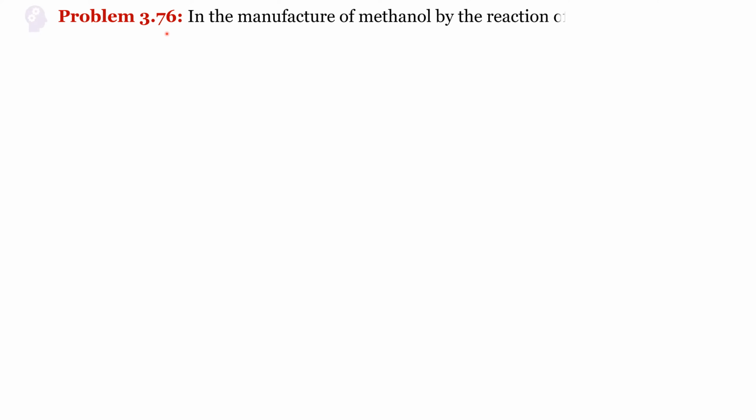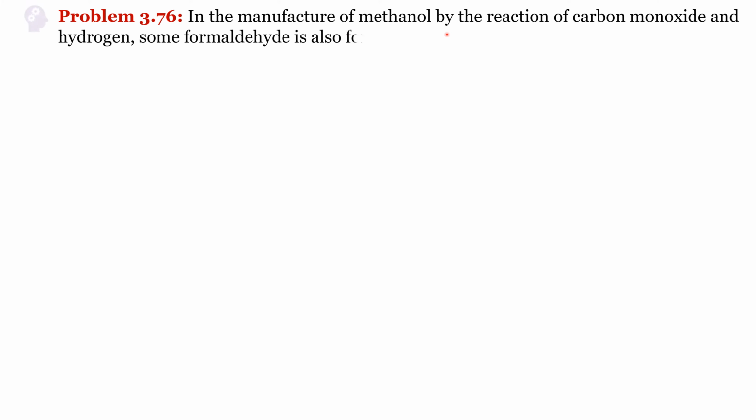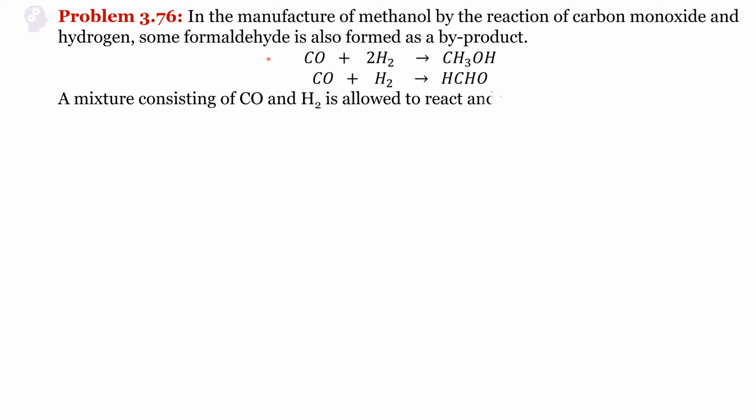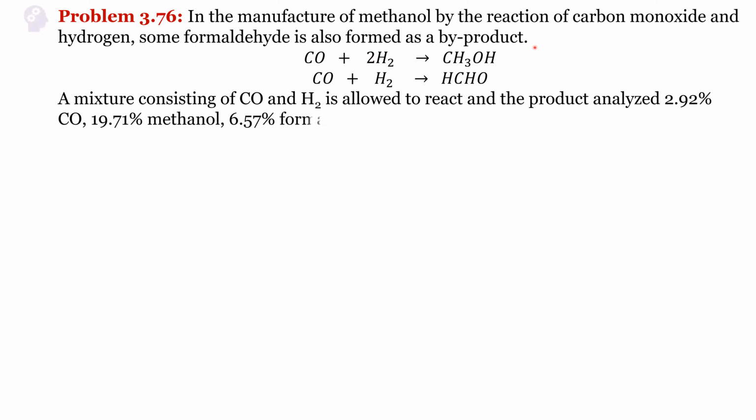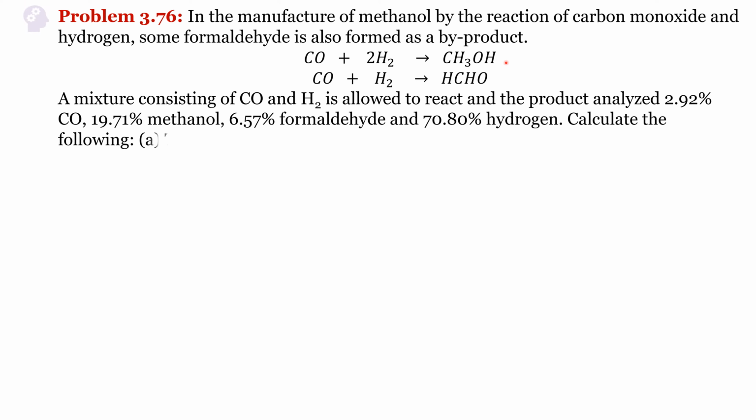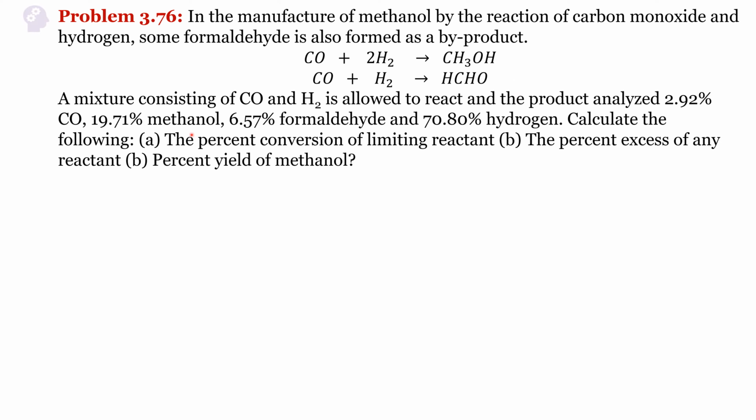Problem number 3.76. In the manufacture of methanol by the reaction of carbon monoxide and hydrogen, some formaldehyde is also formed as a byproduct. That means the first reaction is the desired reaction, the second reaction is the undesired reaction. A mixture consisting of CO and H2 is allowed to react, and the product analyzed contains 2.92% CO, methanol, formaldehyde and hydrogen, which means the product contains CO and H2.